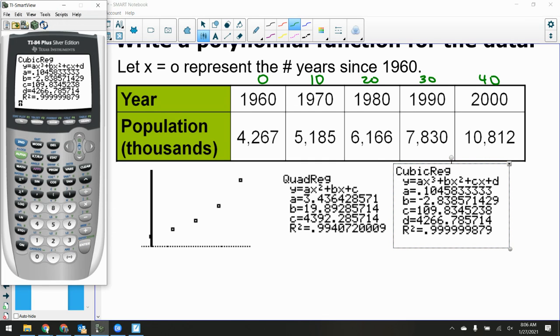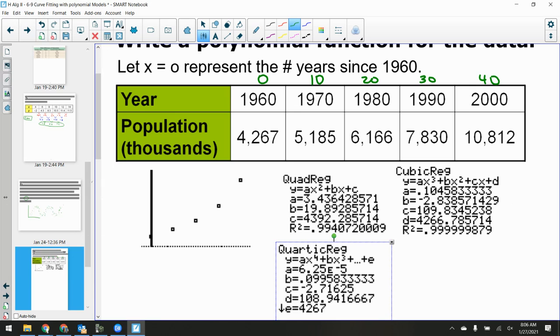Let's see. Stat calc. Now, notice on my screen, I don't have enough lines to see all my entries. It's a 1. What does that mean? It's a perfect fit.